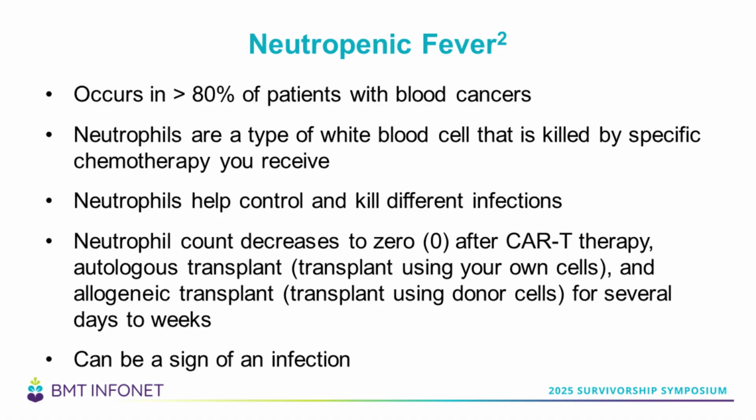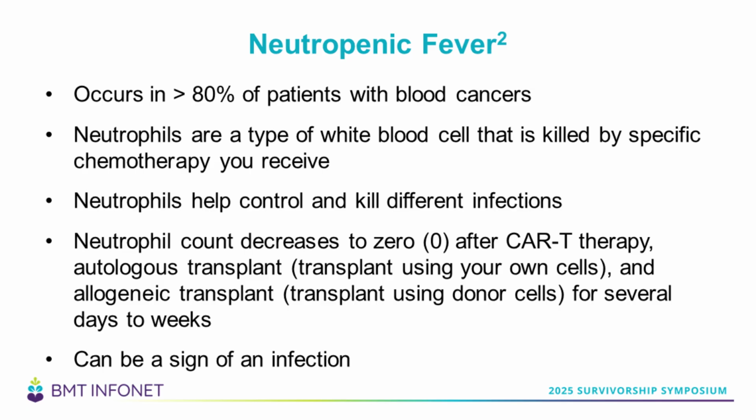A neutropenic fever occurs in over 80% of patients with blood cancers. Neutrophils, which is where the word neutropenic comes from, are a type of white blood cell that is killed by specific chemotherapies that patients receive. These types of cells, neutrophils, which are types of white blood cells, help control and kill different infections.